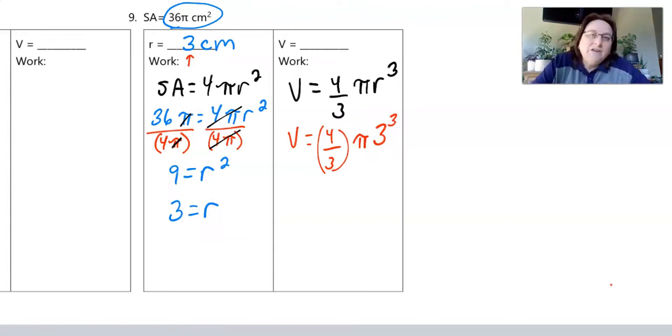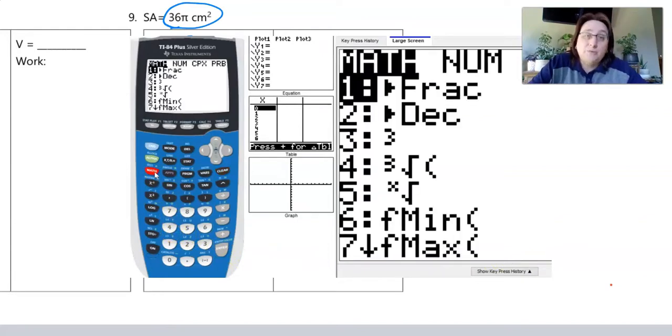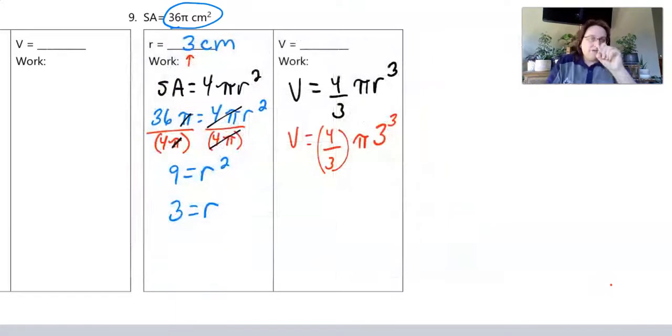In your calculators, guys, remember I showed you earlier in the video how to get to the cubed. So how do you cube something in your calculator? Now I want you to look at how I set this up. 4/3 is in parentheses. Go find the volume of this particular sphere and tell me, what do you get?